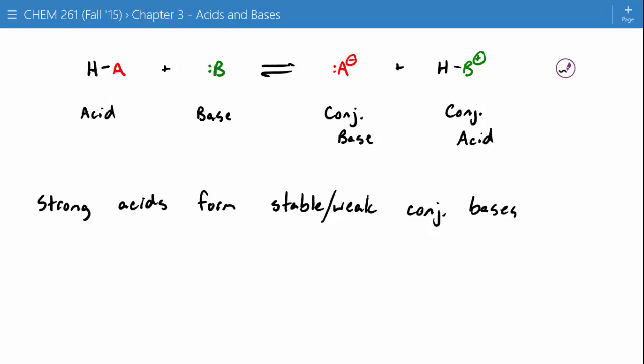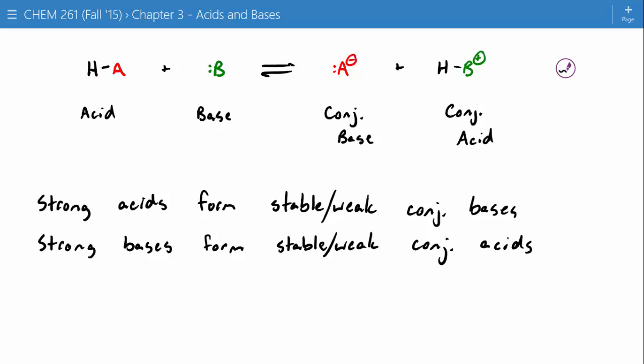And strong bases form stable, or weak, conjugate acids.